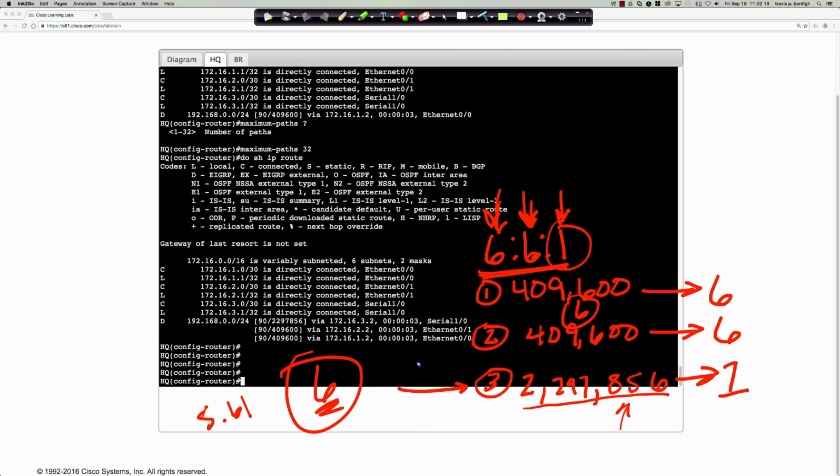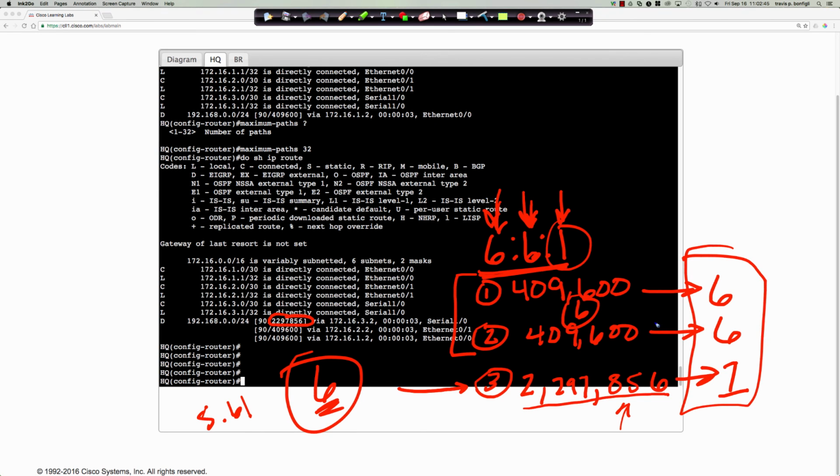Because EIGRP is smart enough to recognize that even though we're allowing this to do multipathing, this feasible successor is part of the multipathing equation, it is still not as good a path as these first 2 successors. And so we end up with that ratio of traffic that gets sent across those links.